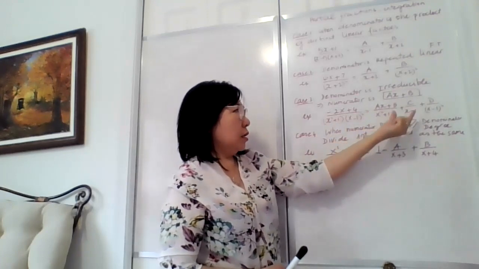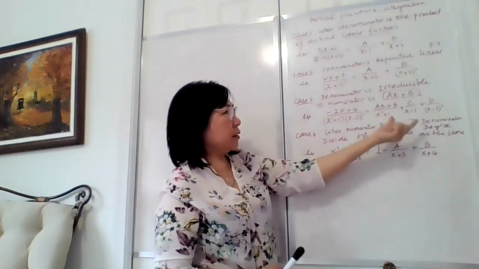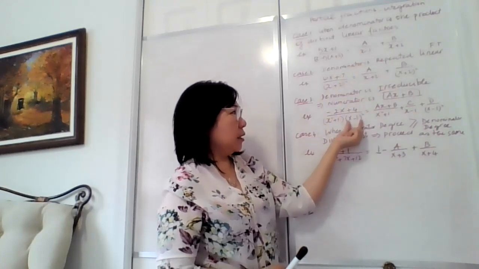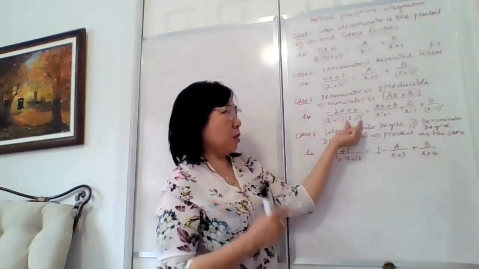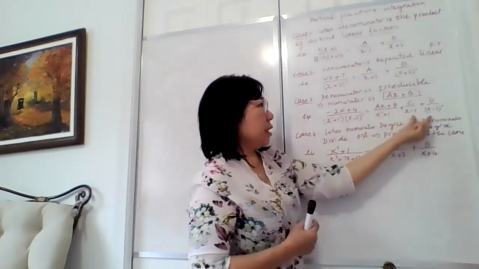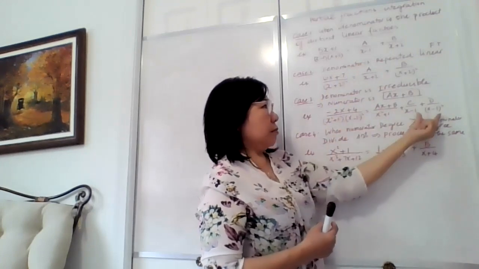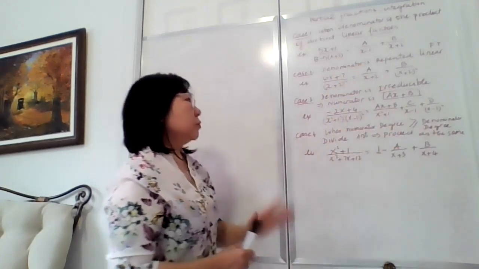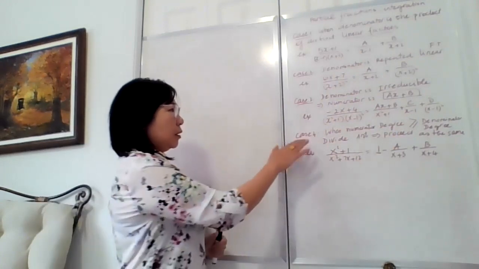And then the next will just follow the pattern: C divided by the first bracket, x minus 1 to the power 1. But the second will be kept as power 2. So that is case 3.